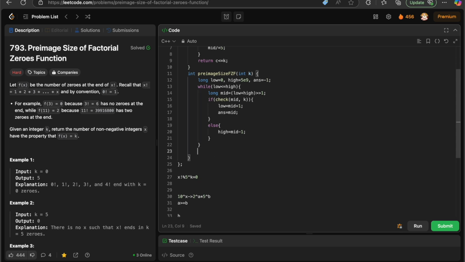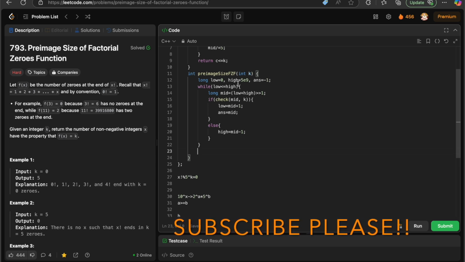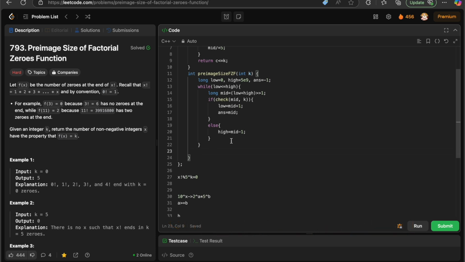Now we have our temporary answer, but we also have to check whether it contains exactly k fives or not. For example, if the answer does not contain k fives, then we will return 0. To check this, we create a counter. While the answer is greater than 0, we increment our counter with the answer divided by 5, and we divide the answer by 5.